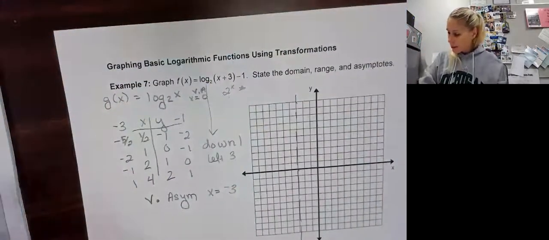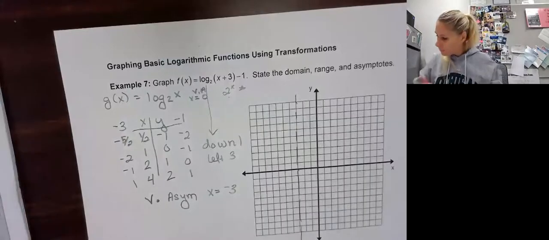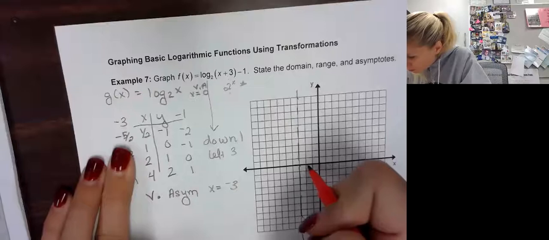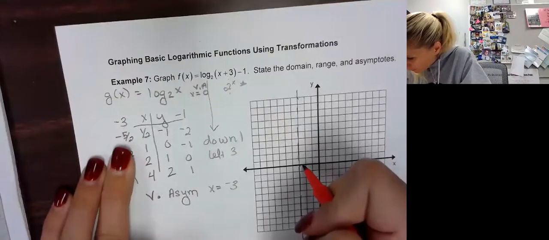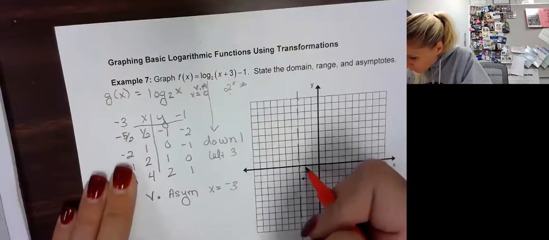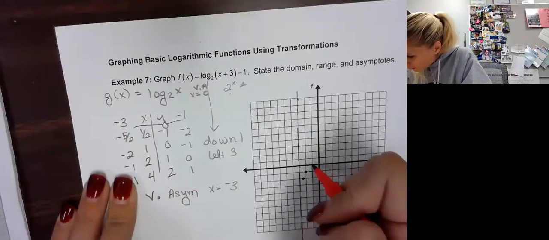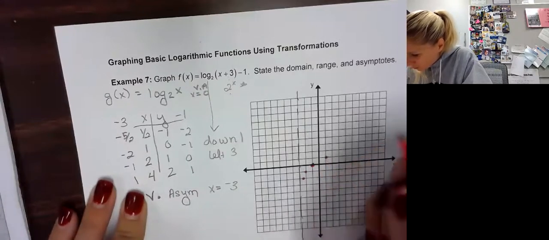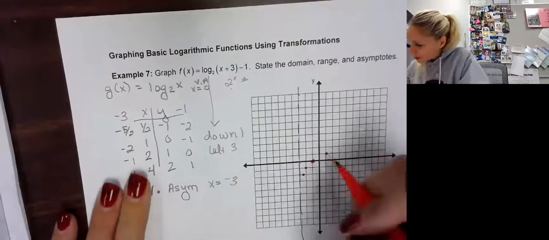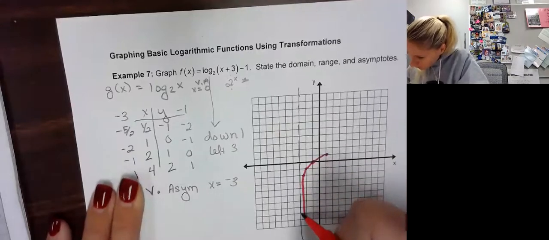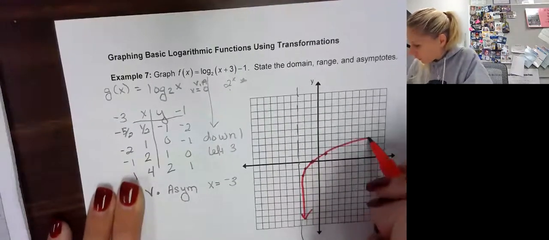Okay. Now let's plot our points. So we have -2.5, -2, -2, -1, -1, 0, and 1, 1. So if I connect them, these go down to the asymptote, and these will curve off.